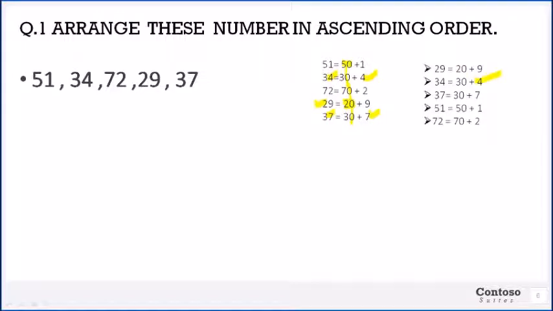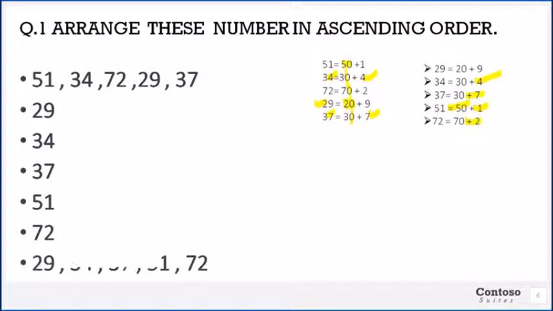Then the next number will automatically be 37. Then we can easily identify among 50 and 70, we know 50 is the smaller one, so 51 will come in the 4th position and 72 will come in the last position. So we have already discussed, first 29 will come, then 34, then 37, then 51, then 72, then the whole number is written like this.